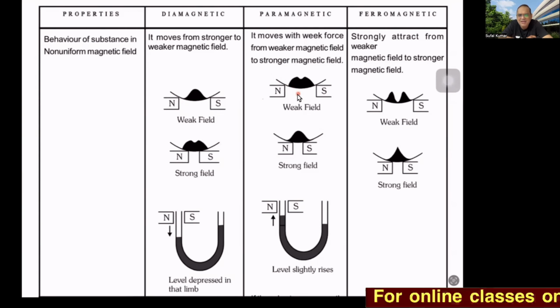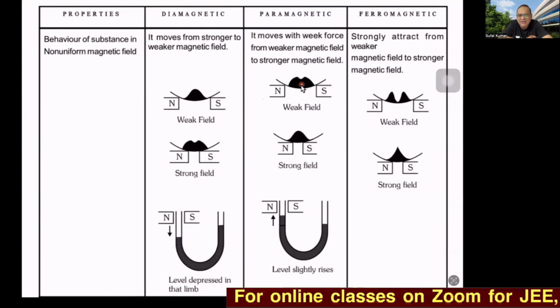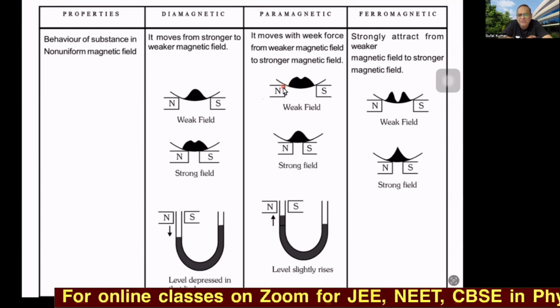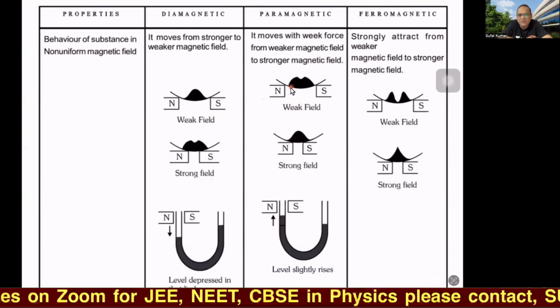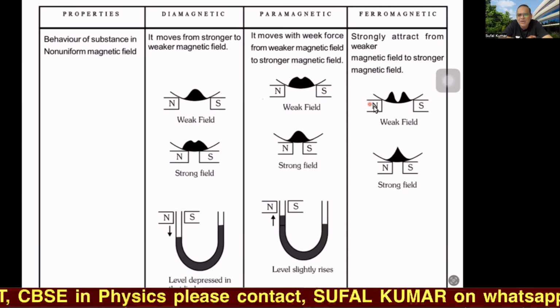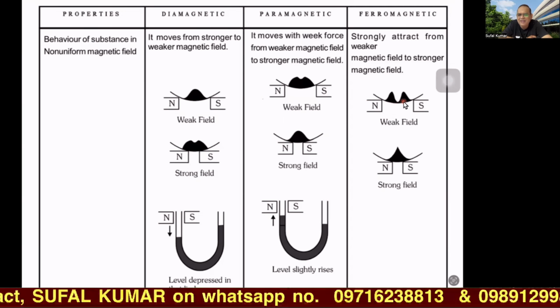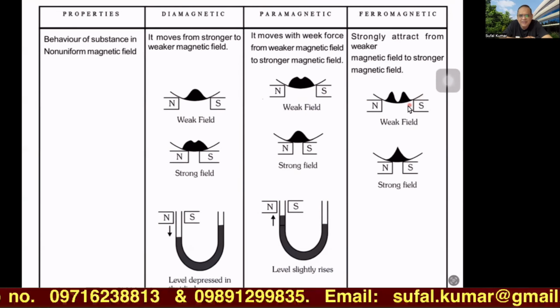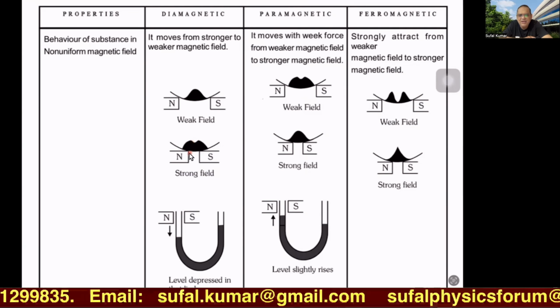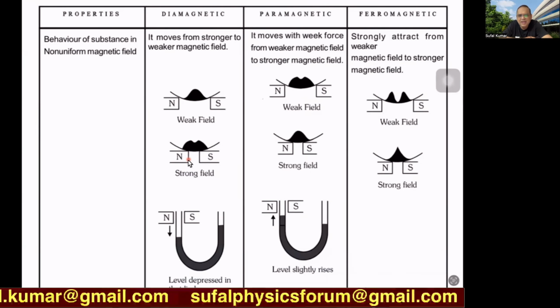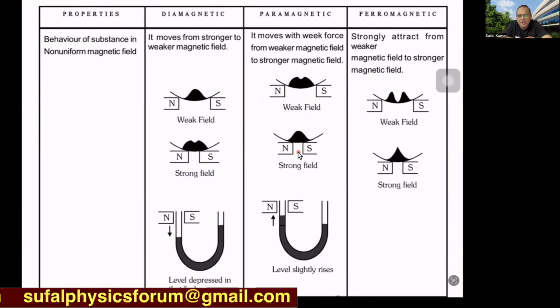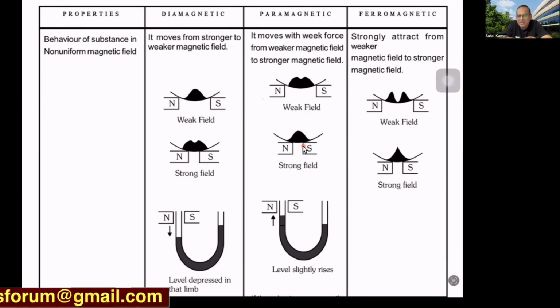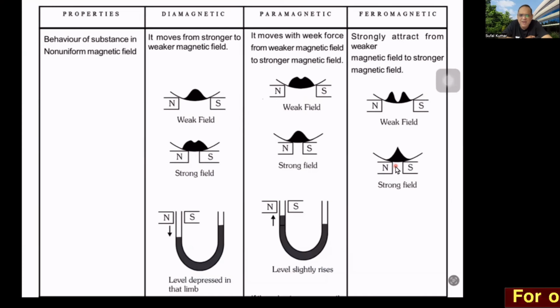Whereas paramagnetic, now see, they have accumulated towards the pole strength, very close. Then ferromagnetic, they have strongly approached the pole strength. Then this was a weak field, now a strong field. Again they went away, and in the strong field they have accumulated near the stronger field, and here there is stronger accumulation because of ferromagnetic.